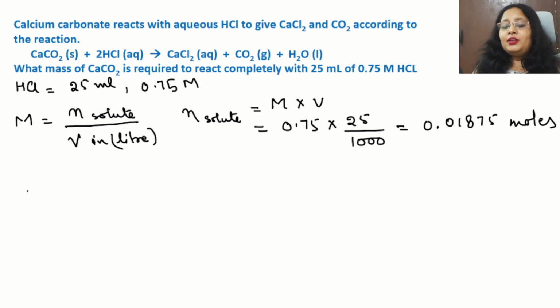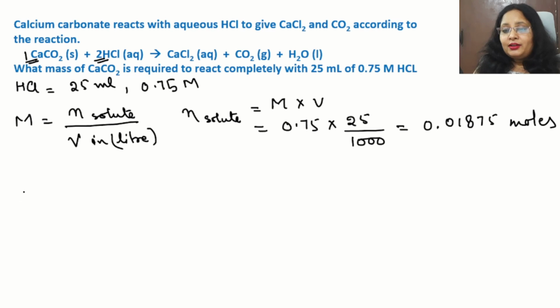Now further, because the reaction is balanced, we can see that 2 moles of HCl reacts with 1 mole of calcium carbonate. So we will use this point in our further proceeding and we use the unitary method.